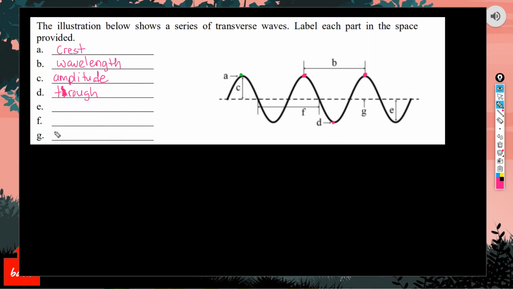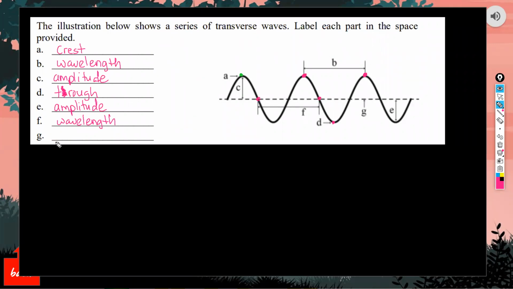All right. E. That's another amplitude, right? From the rest position to the lowest point. Believe it or not, that's also considered the amplitude. F, the distance between two similar points on the wave, that's a wavelength.